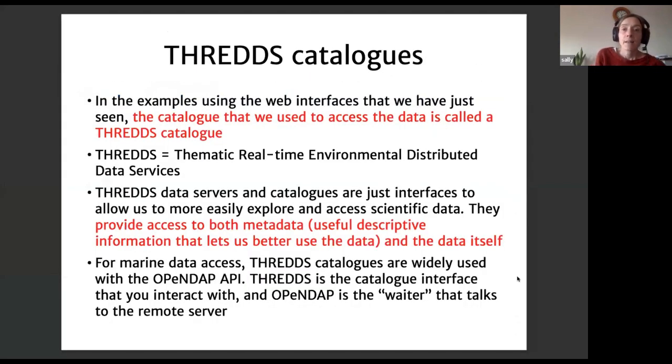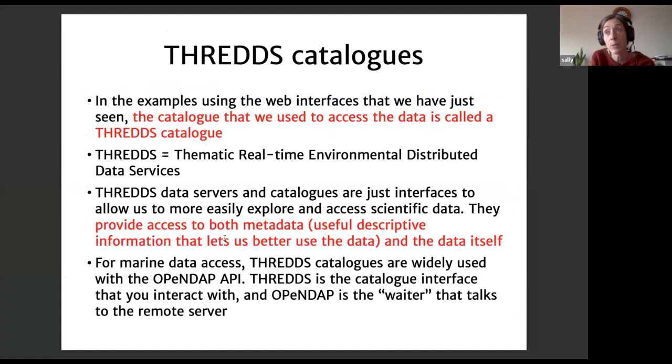So this THREDDS catalog is the web interface behind which OpenDAP, this API, is going to talk to the data store. The THREDDS catalogs are just interfaces that allow us to explore the data that we're trying to access.